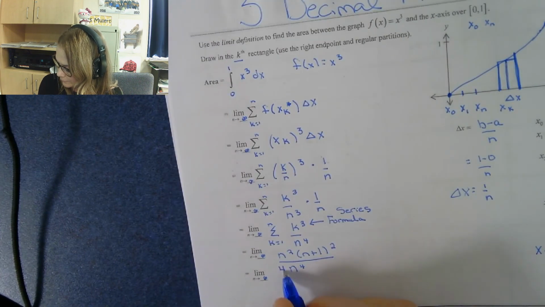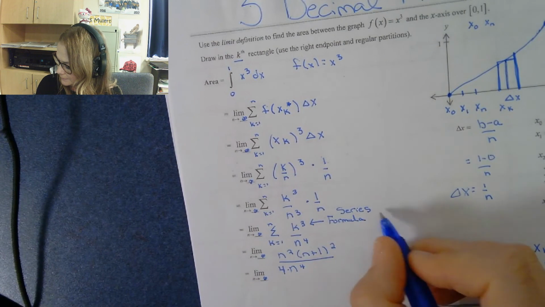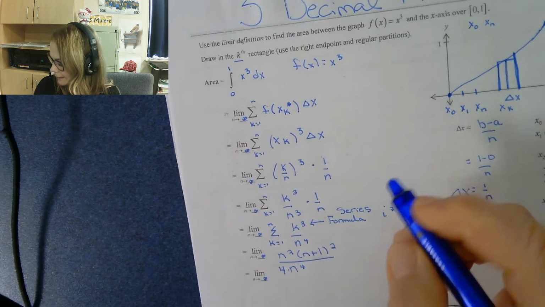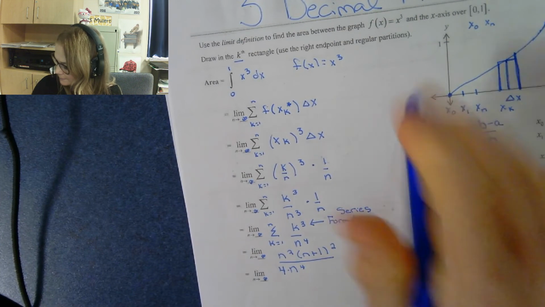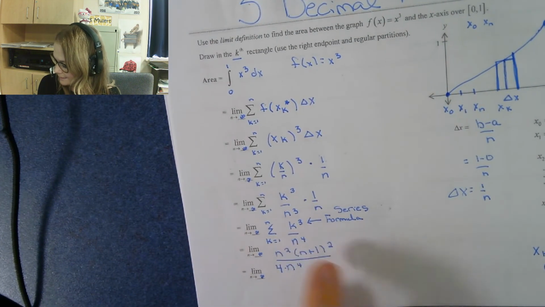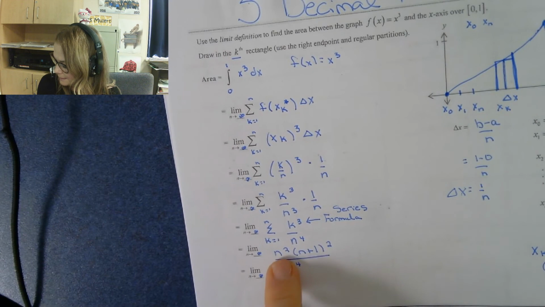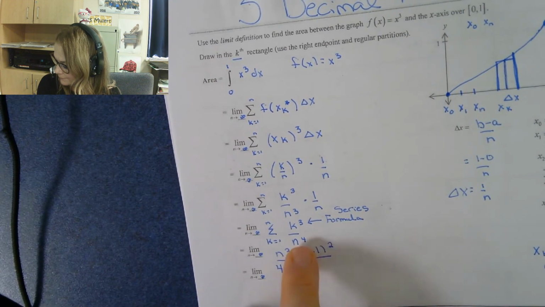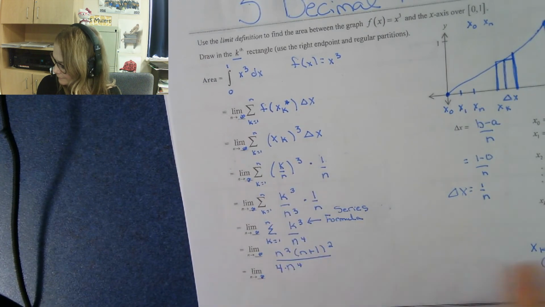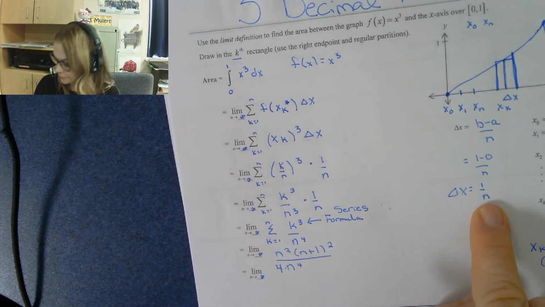And then it's over 4. The sum of 1 to n of i cubed was n squared, n plus 1 squared over 4. And the n to the 4th comes from the function being cubed, and then the delta x adds that additional n.